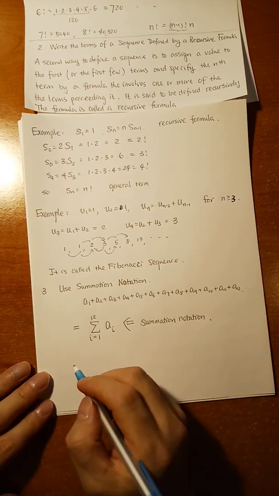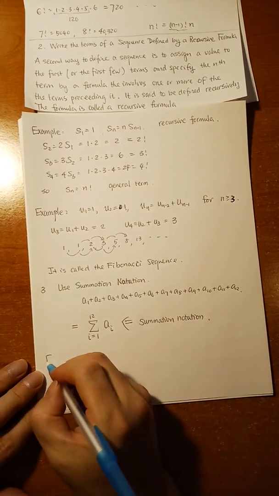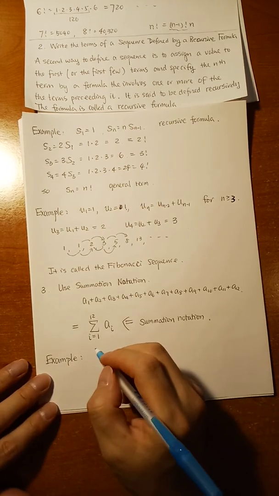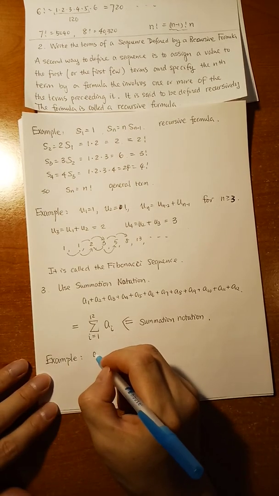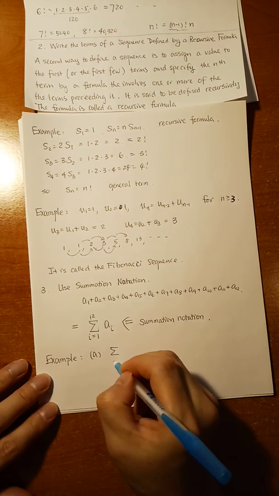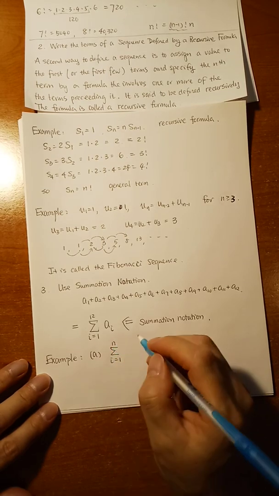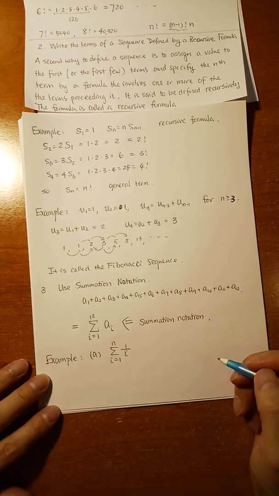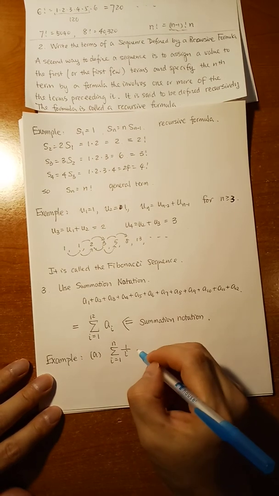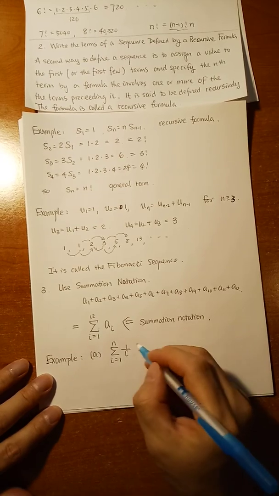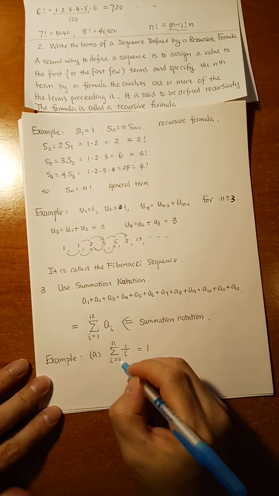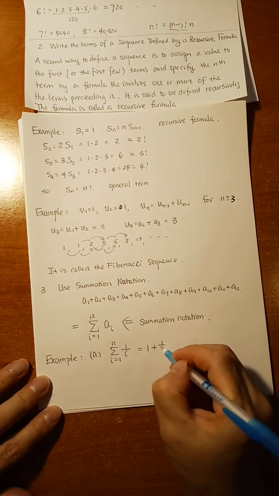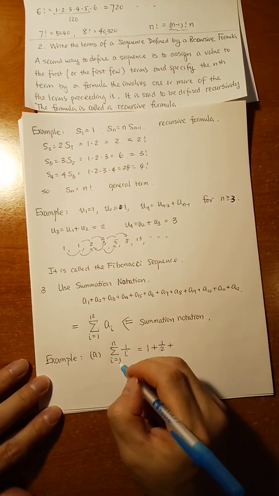Okay? So for example, if we put sigma I from 1 to n, 1 over I, what does this mean? It means you first let I be 1, 1 over 1 is 1. And second, I becomes 2. You do addition. 1 over 2 is 1 over 2. And then you let I be 3, 1 over 3.